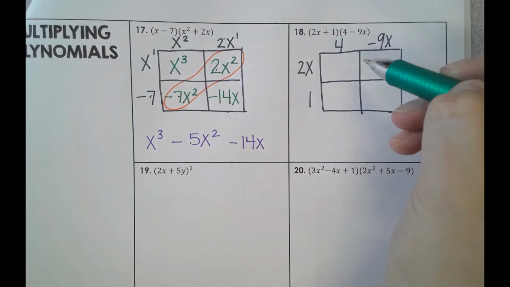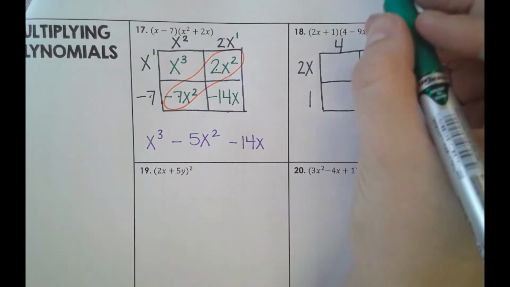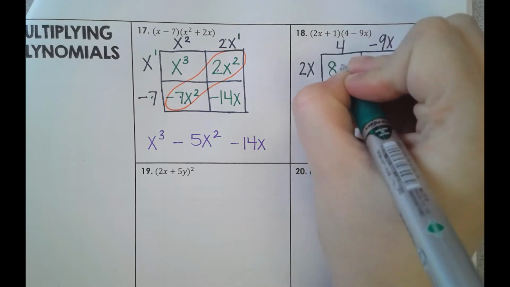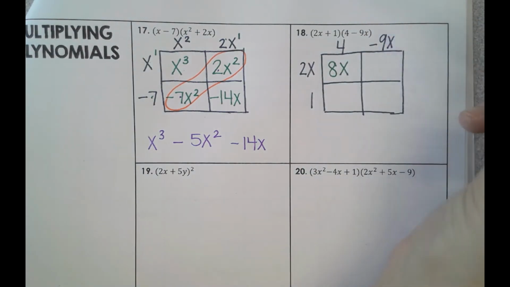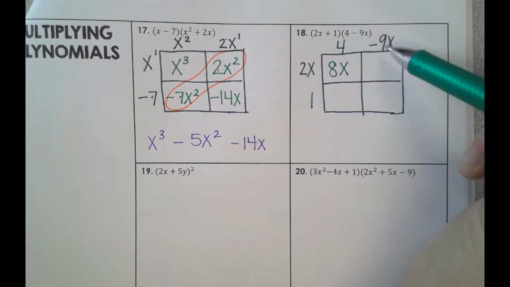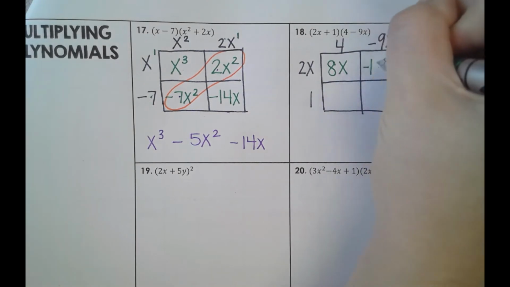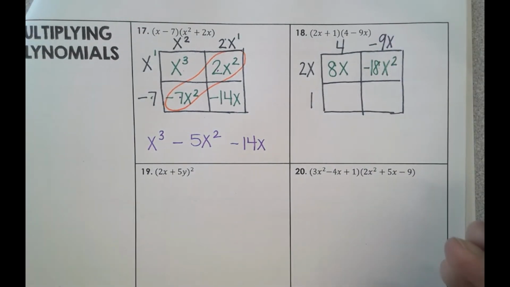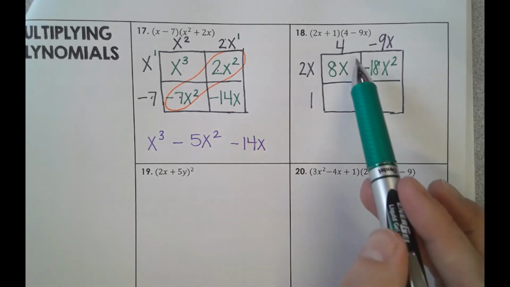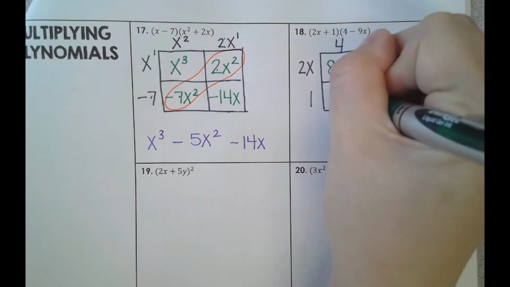This first box, 2x times 4, 8x. 2x times negative 9x, that would be negative 18x squared. 4 times 1 is 4.